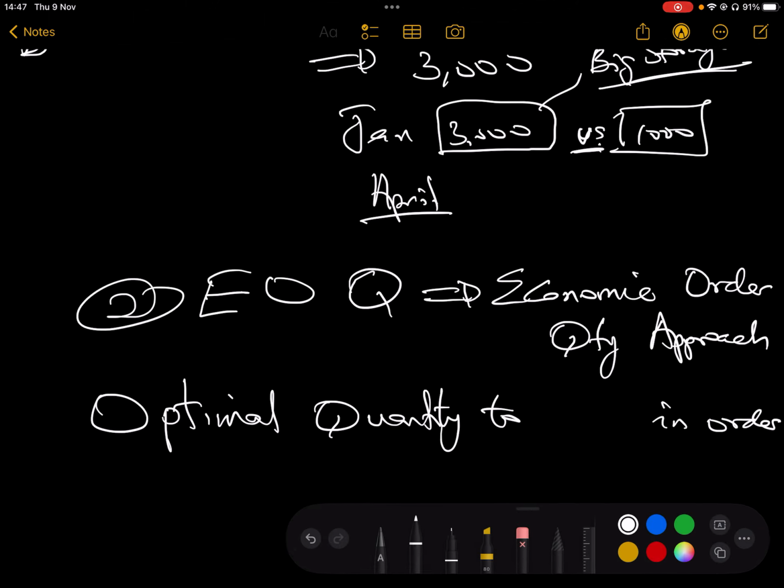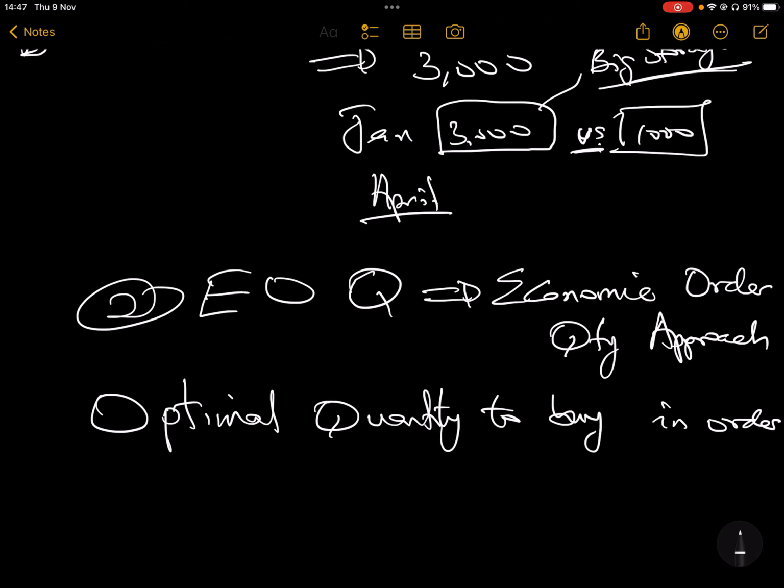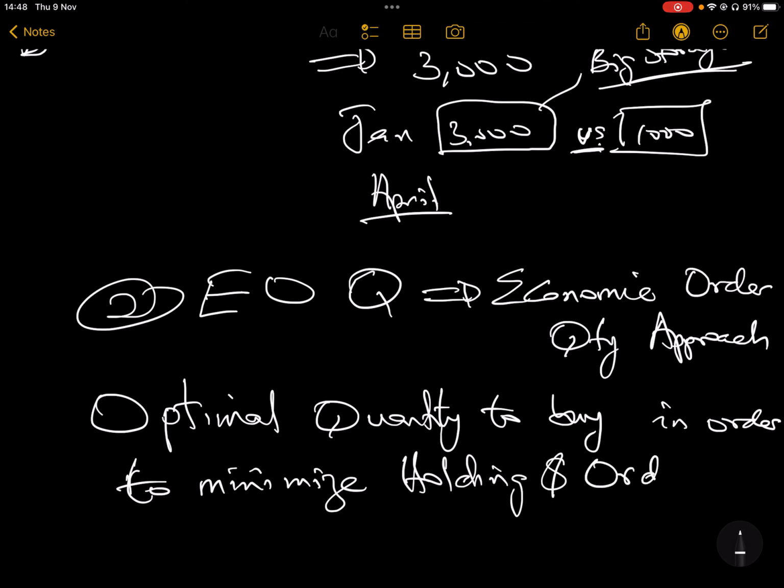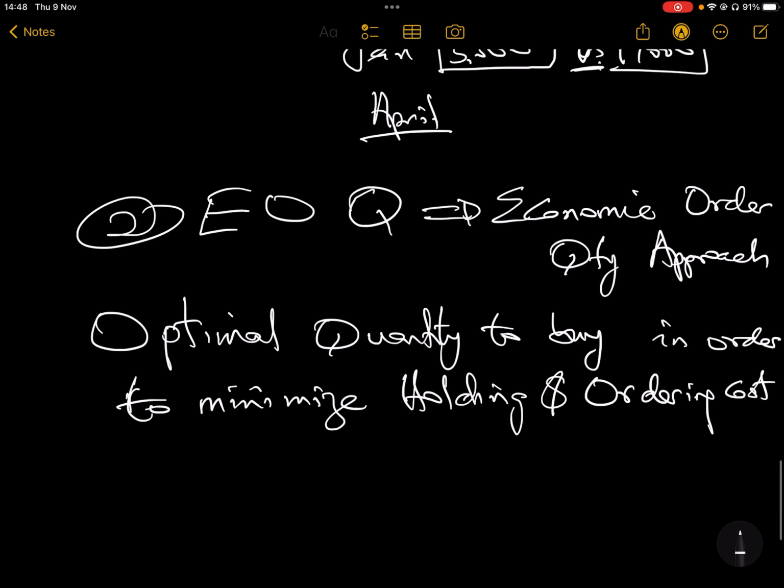So, optimal quantity to buy in order to minimize holding and ordering cost. So EOQ is not thinking about purchase cost. It's ready to leave the purchase cost as it is, but it wants to minimize holding cost and ordering cost.